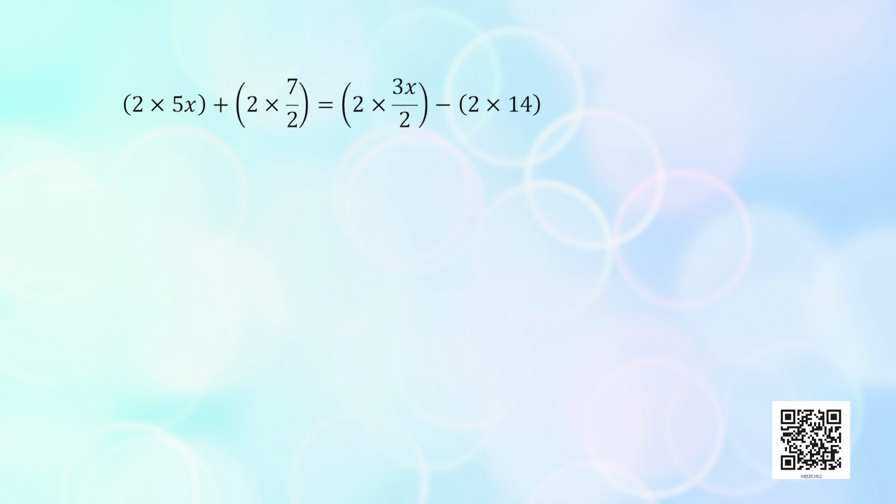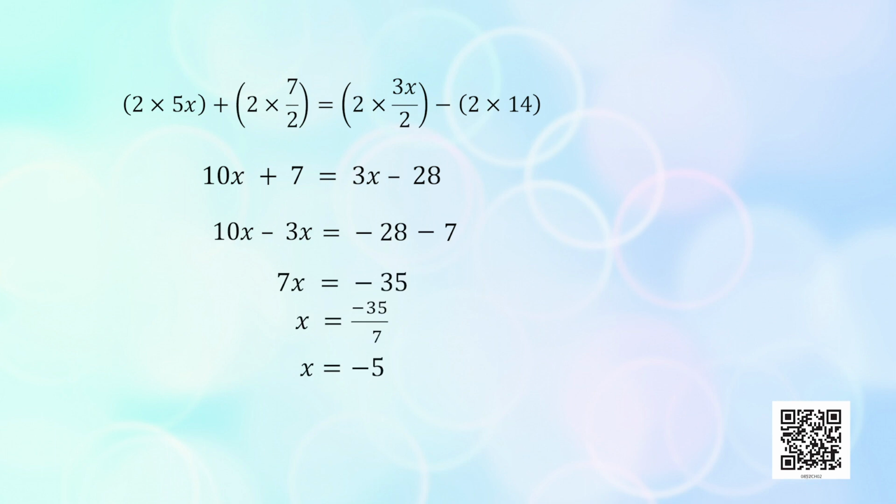Therefore, the equation becomes 10x plus 7 is equal to 3x minus 28. By considering the x terms on one side and constants on the other side, the equation becomes 10x minus 3x is equal to minus 28 minus 7. Therefore, 7x is equal to minus 35. Therefore, x is equal to minus 5.